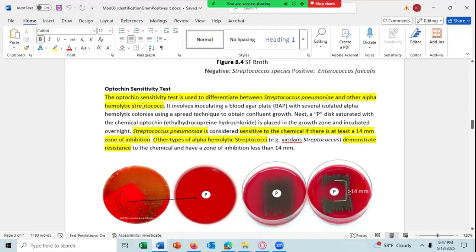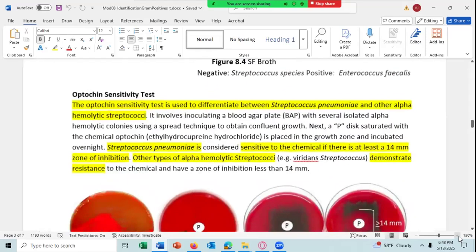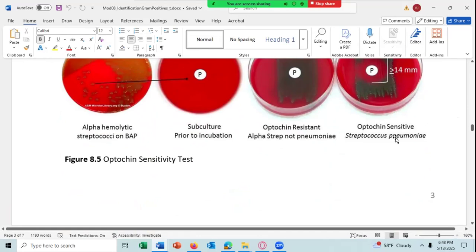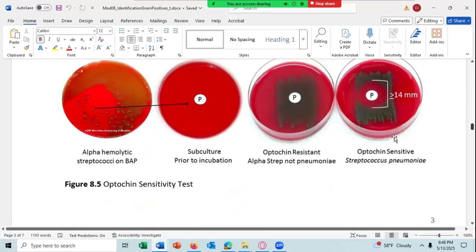If it is alpha hemolytic, we can then use the optochin sensitivity test to separate out Streptococcus pneumoniae from other alpha hemolytic streptococci. So what you do is you have the alpha hemolytic bacteria that you know is streptococci, which isn't shown here, but it's stated that the bacteria forms streptococci. It grows on blood agar.